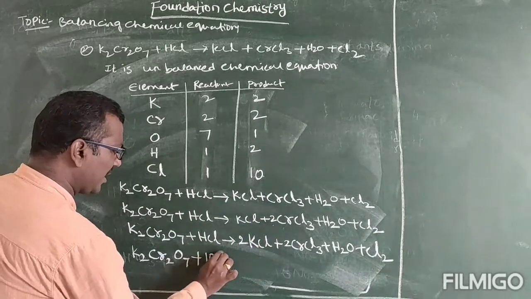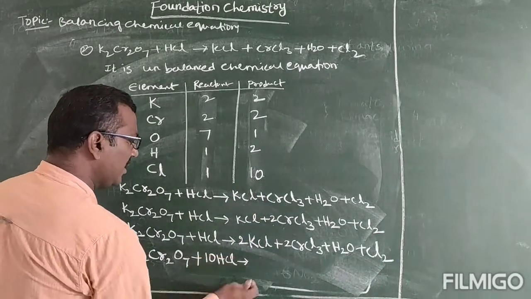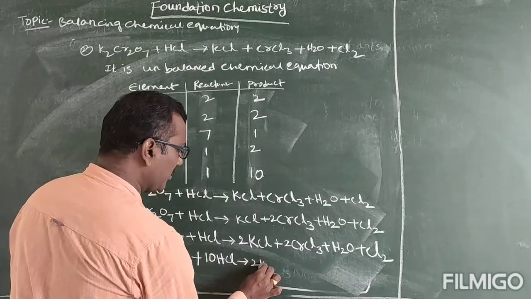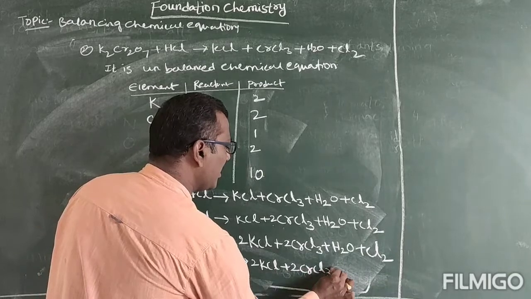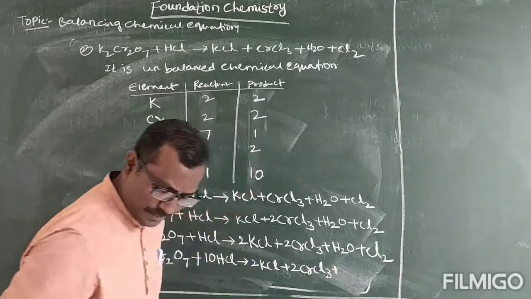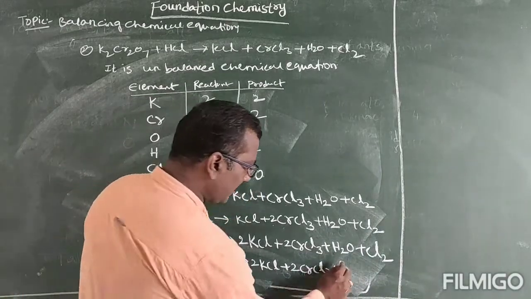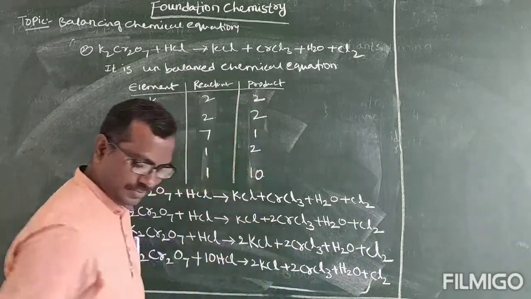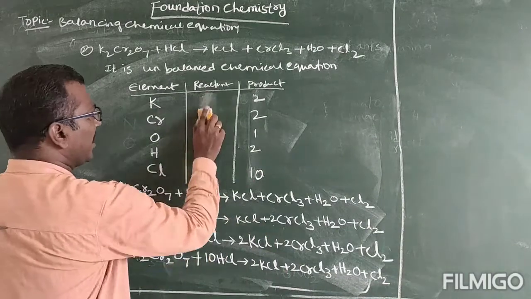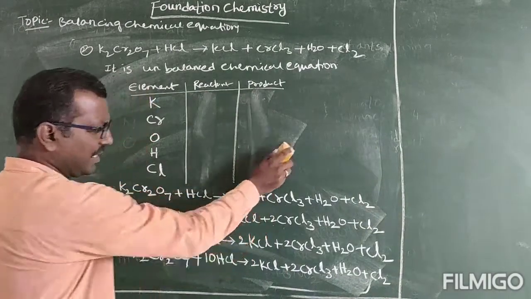So I will write here 10 HCl gives rise to 2KCl plus 2CrCl3 plus H2O plus Cl2.